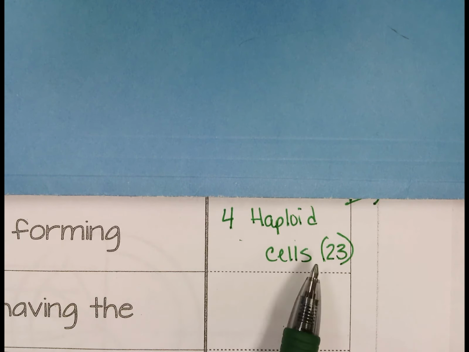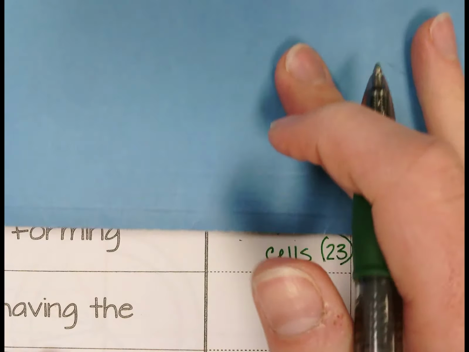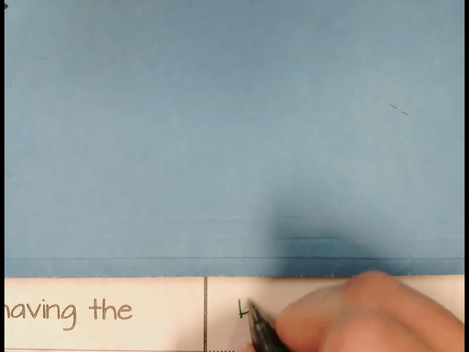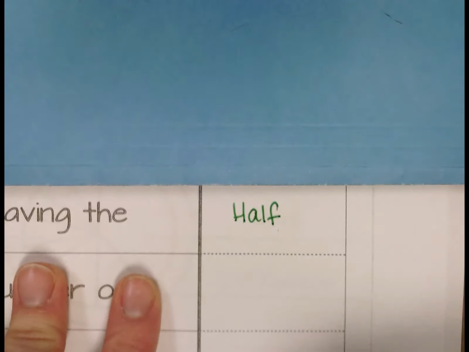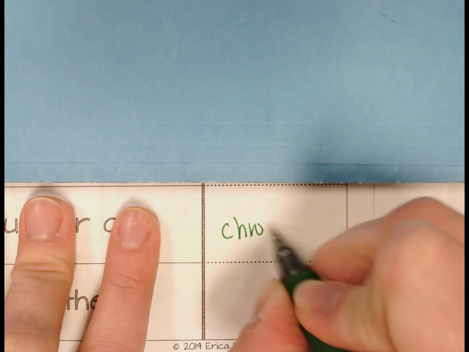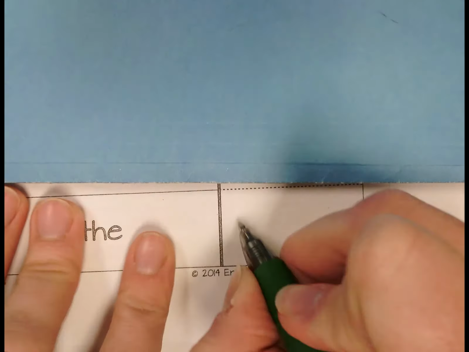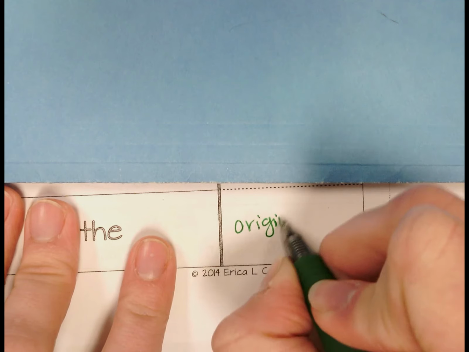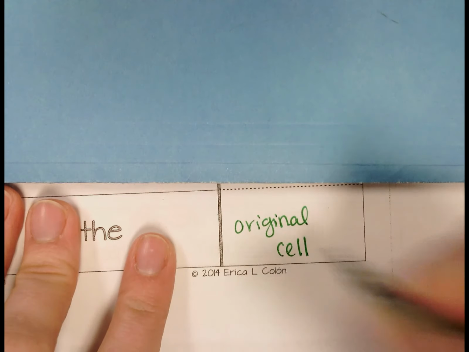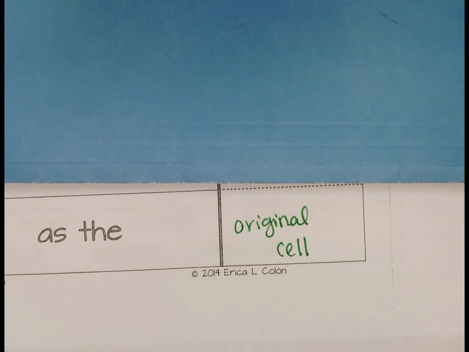Each set of chromatids goes into the 4 haploid cells. And the haploid cells have half, 50%, of the chromosomes as the original or parent cell. That one's pretty easy, okay?